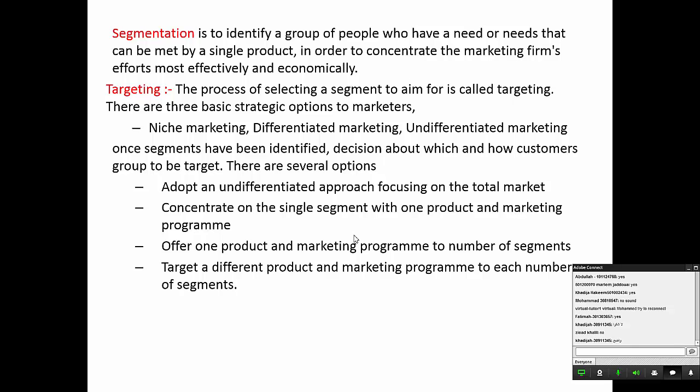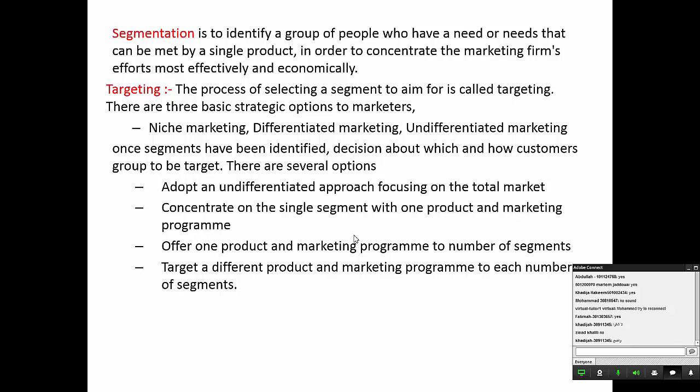This company is targeting teenagers, mostly teenagers, because you find that their watches have many colors, many styles, many designs that are good for the teenagers, and most of their advertisements use teenagers to advertise their product. Okay, in segmentation, we have different variables or different criteria.